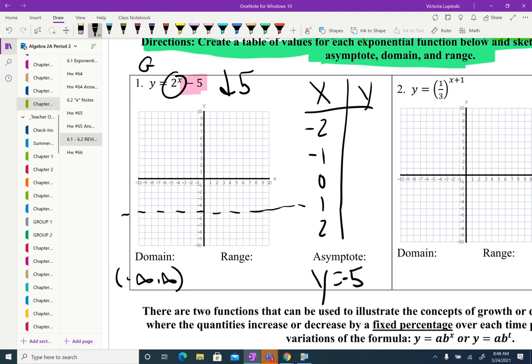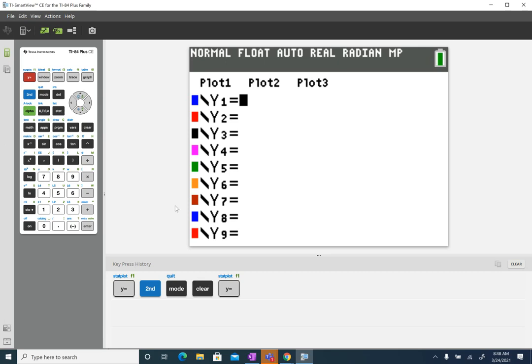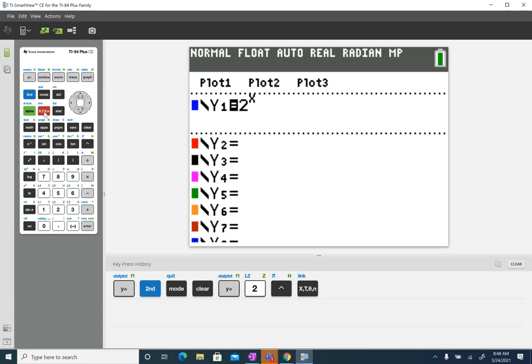And here's the thing, you can find those values on the graphing calculator as long as you know what you're doing. So I'm going to pull up my graphing calculator. I'm going to go to the y equals, and I'm going to type in that equation. So 2 to the x, make sure you pop out of the exponent, and then -5. Then I'm going to pull up the table.